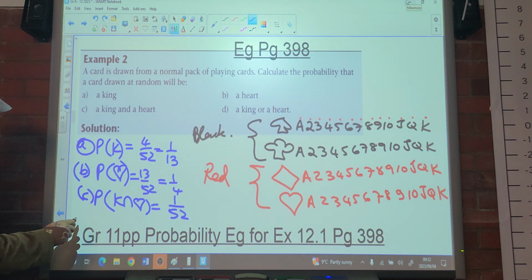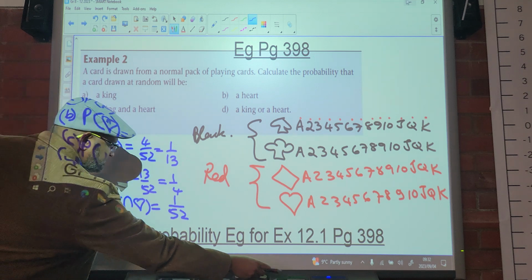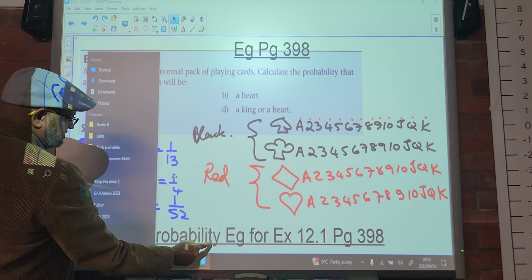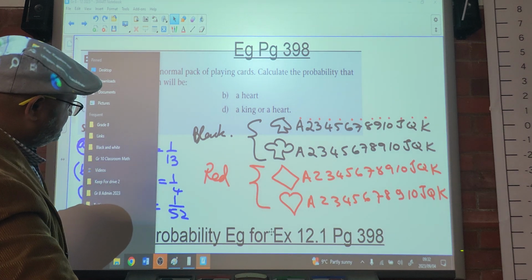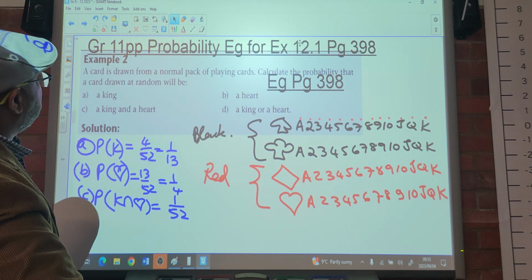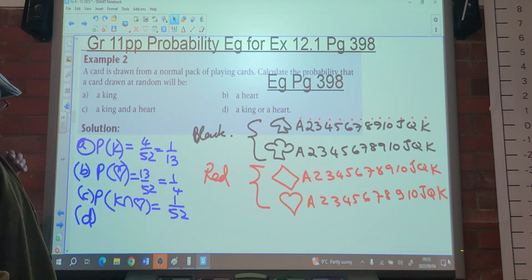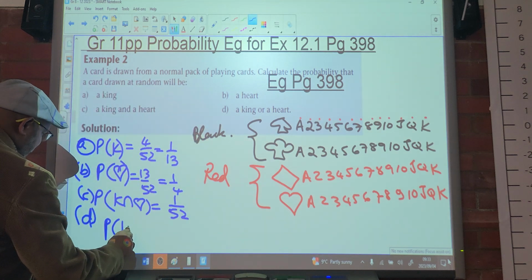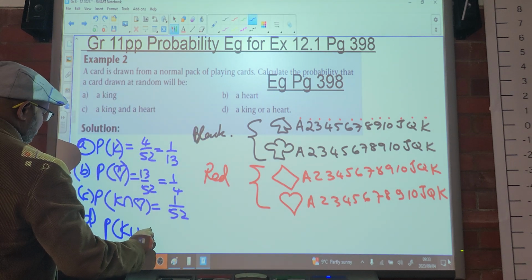Okay. And then D says the probability of a king or hearts.